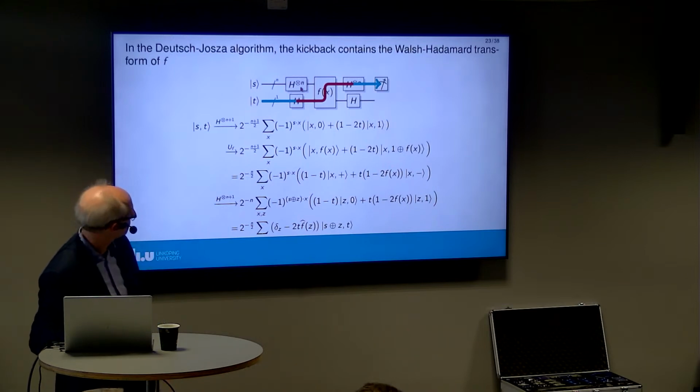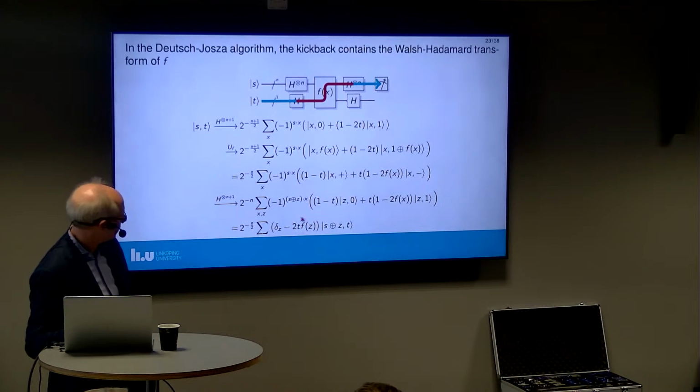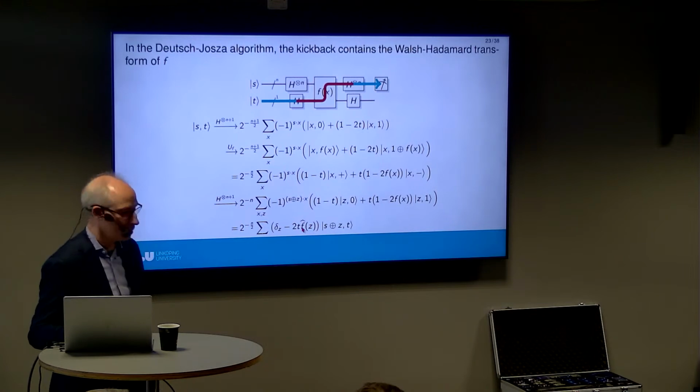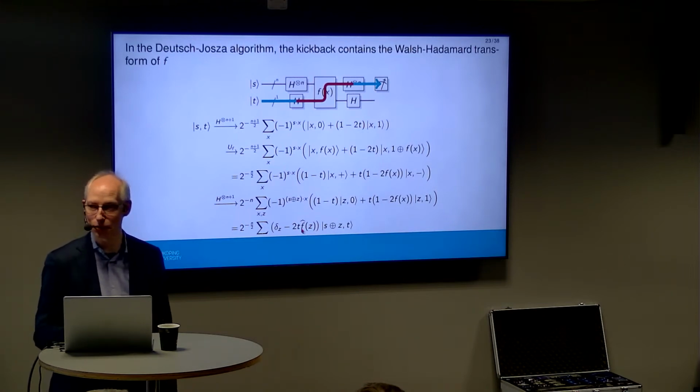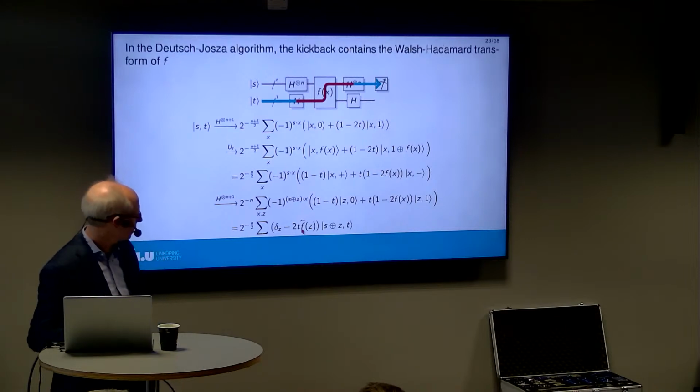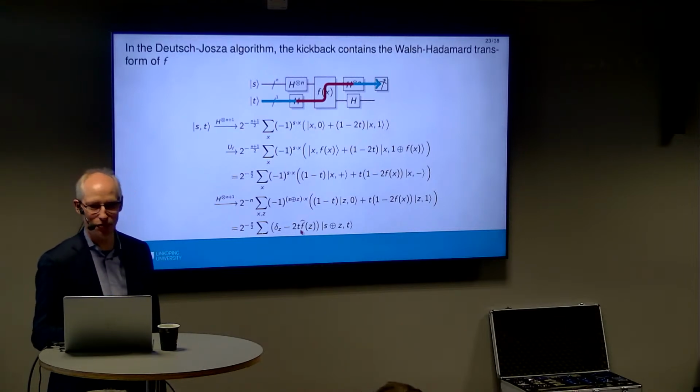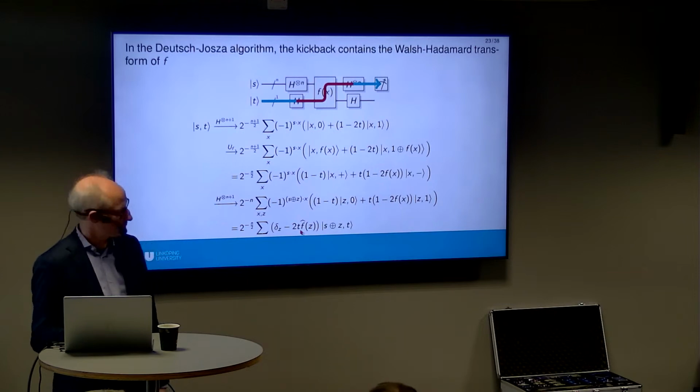And what happens here is a complicated calculation, and what you arrive at here is something that contains the Fourier transform of F. Those of you who are engineers know what the Fourier transform is. It's actually the discrete bitwise Fourier transform mod 2, but F hat.